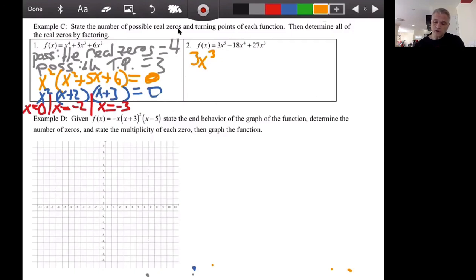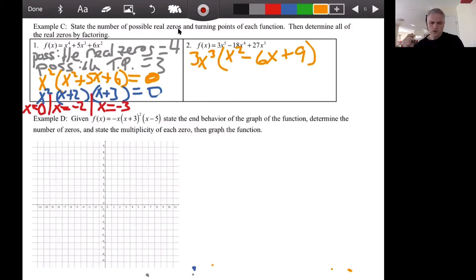So I'm going to say 3x cubed is what I'm going to factor out. Okay, so if I divide 3x to the 5th by 3x cubed, I get x squared. Minus 18x to the 4th, well, divide that by 3x cubed, I get minus 6x. And then 27x cubed divided by 3x cubed is positive 9.